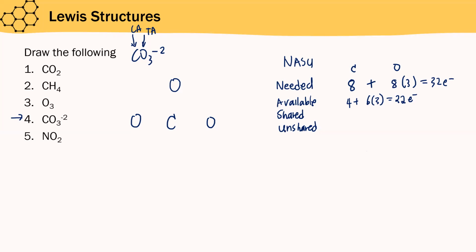So looking at our structure, how many electrons are excess? Look at the charge of carbonate, -2. So that means how many electrons are excess? 2. Okay? So that means yung available natin, dadagdagan natin ng +2 because of the charge.